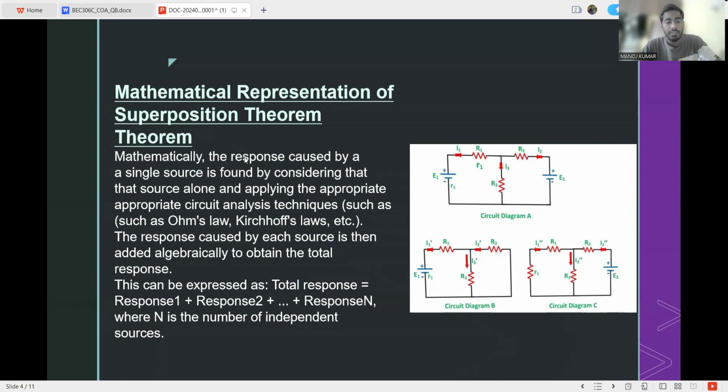This can be expressed as total response equals response 1 plus response 2 plus so on up to response n, where n is the number of independent sources. Look at this figure.